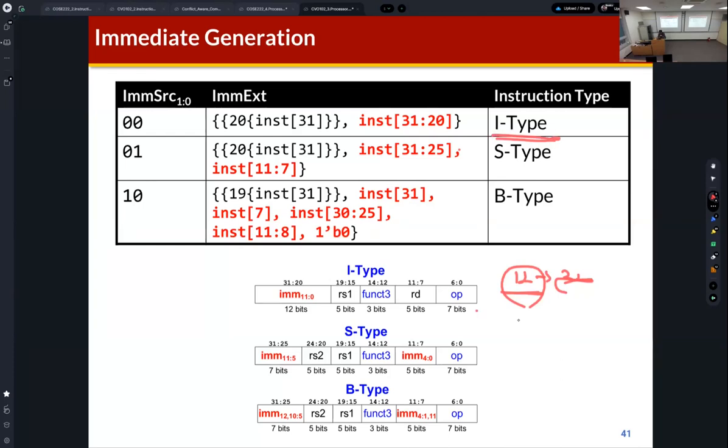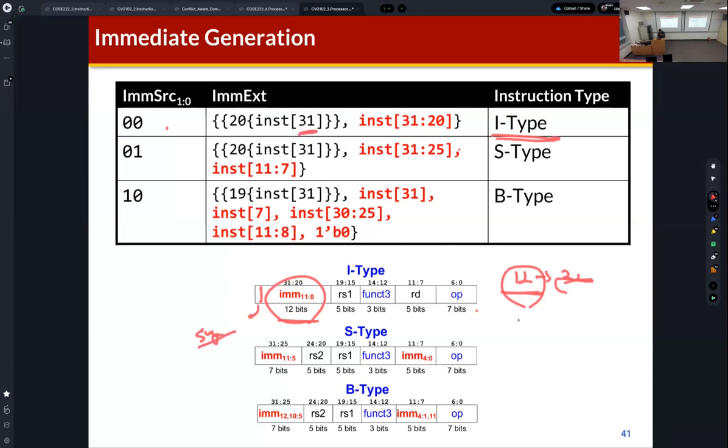You can find that the immediate number is stored in the upper 12 bits of an instruction, right? In order to generate the 32-bit data, the MSB is the sign bit.